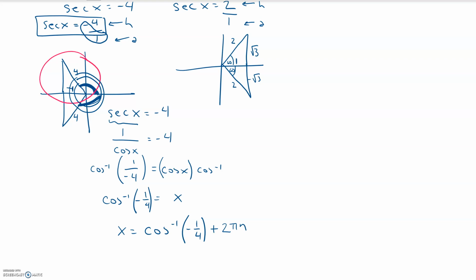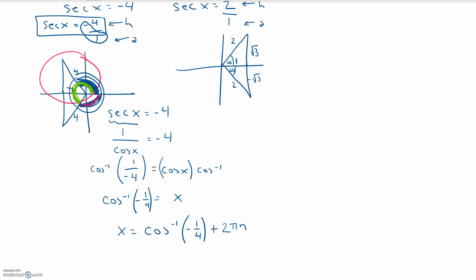Now the other angle, remember with inverses you can never go past 180. So I can't tell you what this angle is, this green one that I'm drawing in. I can't tell you what that is. We don't go past 180. Instead, I'm going to be dealing with this lower angle here. And if the top angle is a positive cosine inverse -1/4, this lower angle is going to be a negative cosine inverse -1/4.